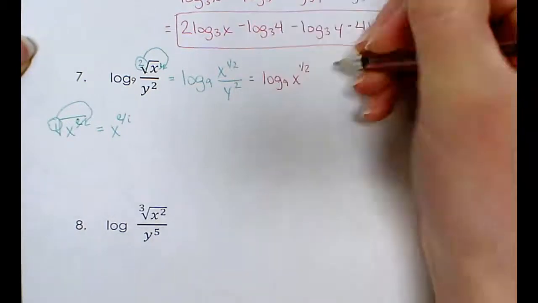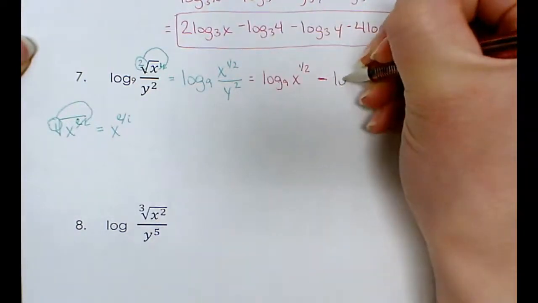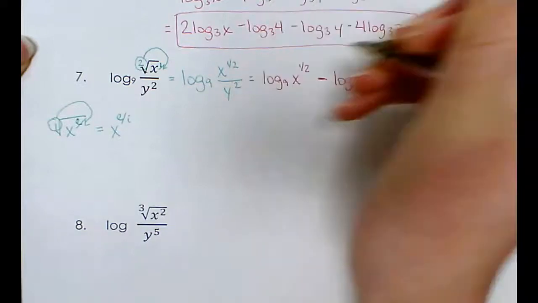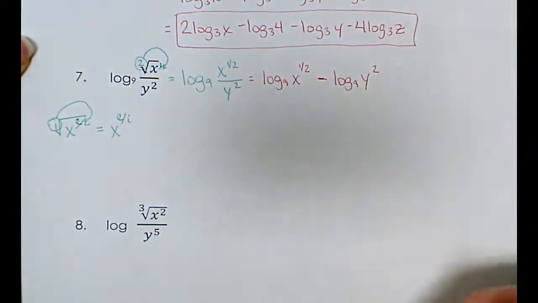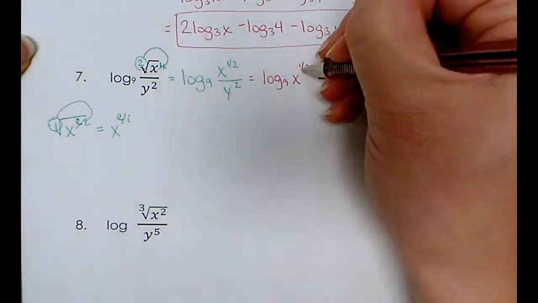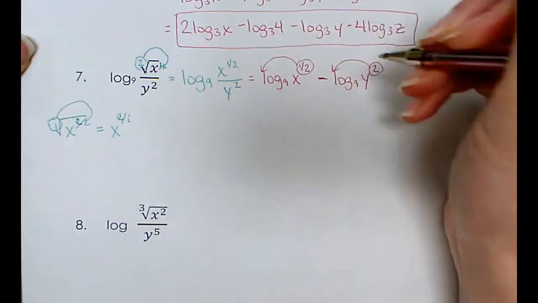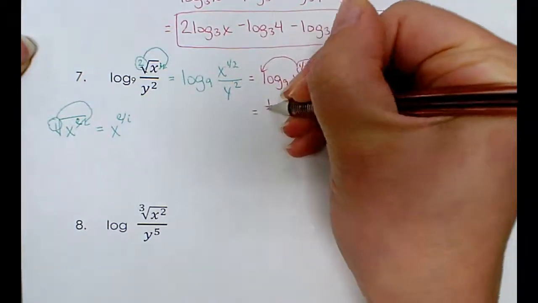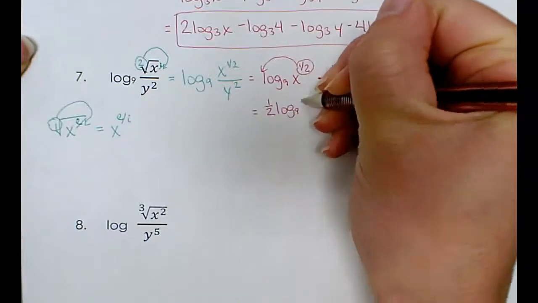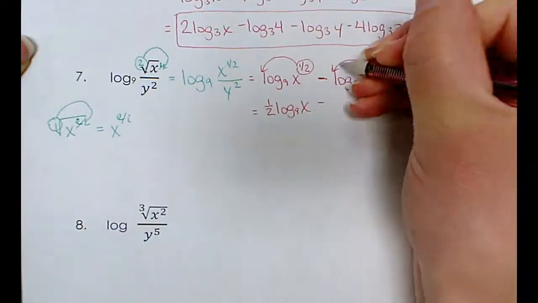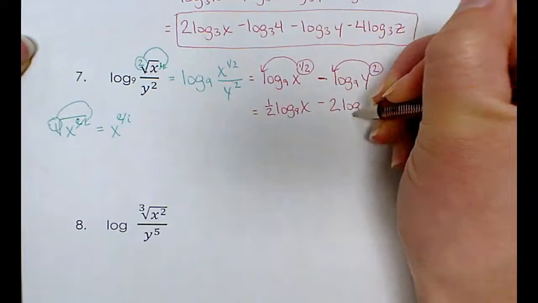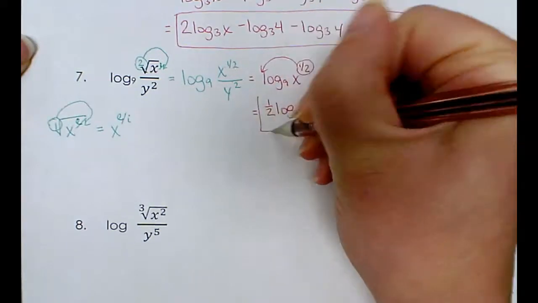Because this is division, I'm going to subtract log base 9 of the denominator, which is y squared. The only thing that we have remaining, since there's no products, is we need to take our exponents and make them the coefficients of our terms. So this is really 1/2 log base 9 of x minus 2 log base 9 of y.